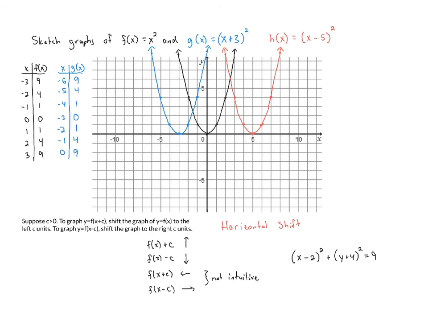And I'm not going to go into any more detail right now, because we've got a lot of stuff to cover this week. But in general, it's just important that you know that when we're dealing with horizontal transformations, they often work differently than the vertical transformations do, and we just need to keep that in mind.